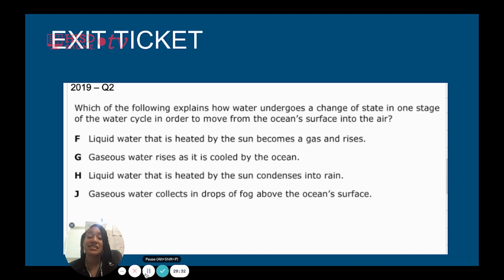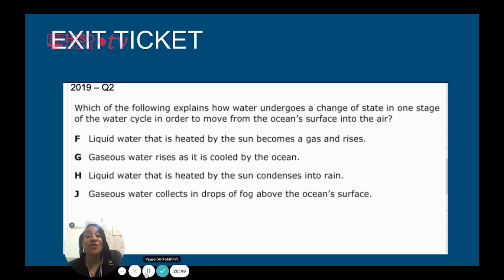Yes. So a key part to this question is basically the end of the question. Where it says, in order to move from the ocean surface into the air. So that's the specific part of the water cycle that we're discussing today, how it moves from the ocean back into the air.